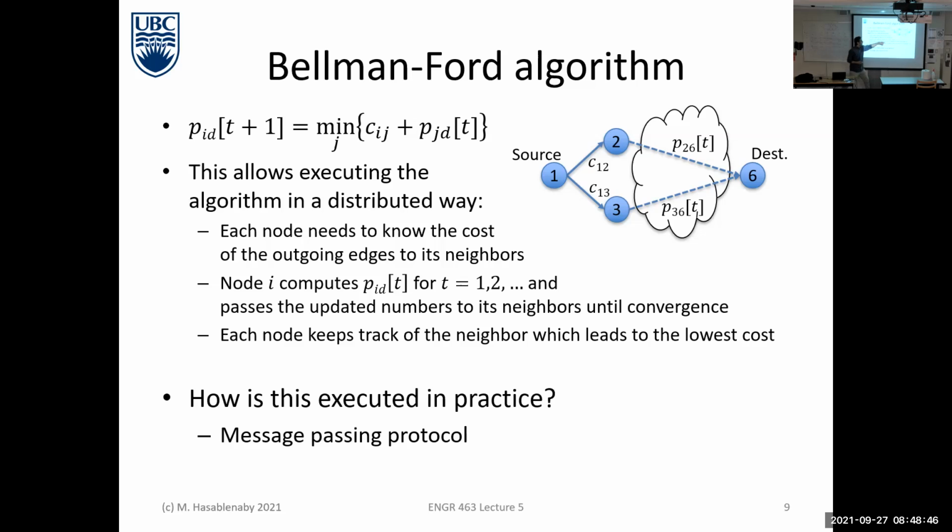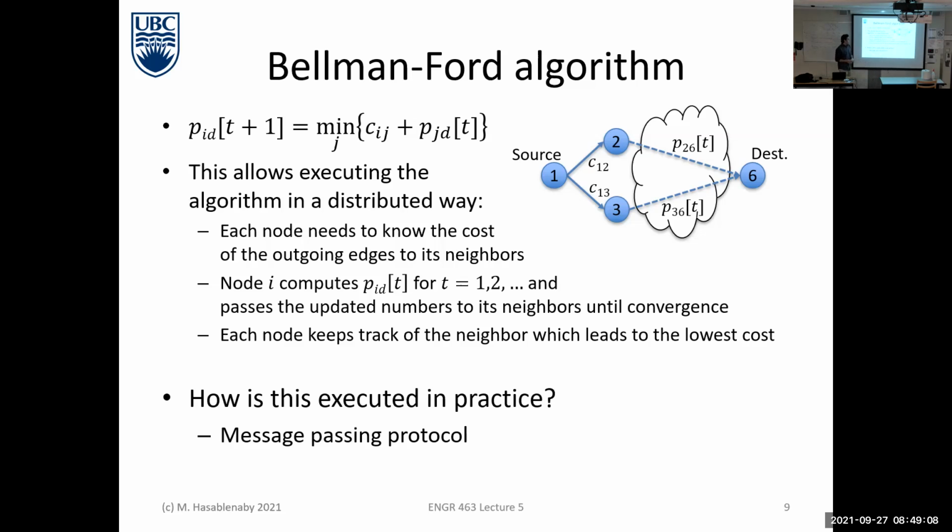We need to know the cost of this link, and the cost of this link, in order to be able to calculate the best path to the destination, to calculate my routing table. So what we need here is to use a message passing protocol. This is the protocol used between routers to exchange information.